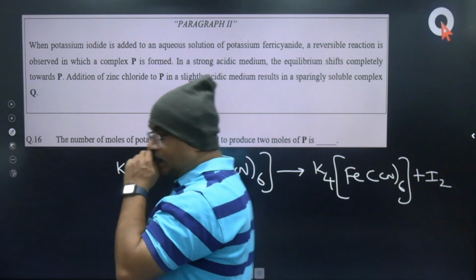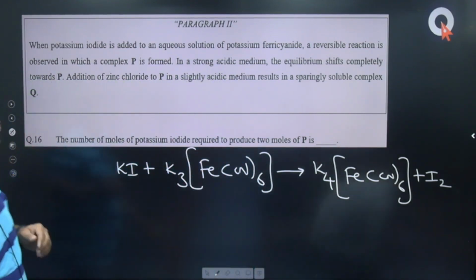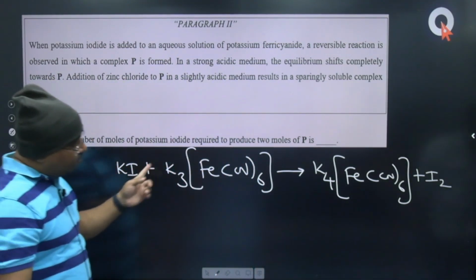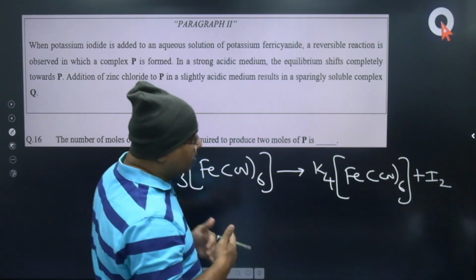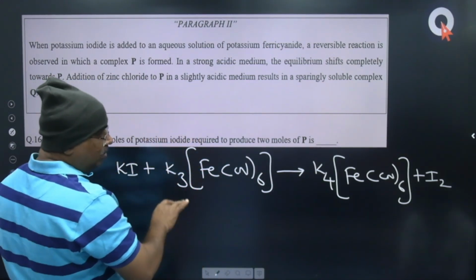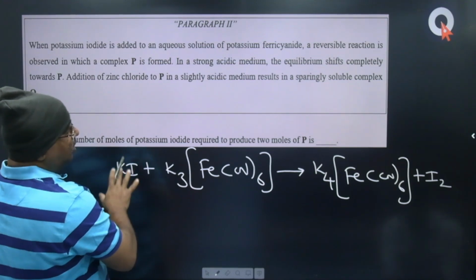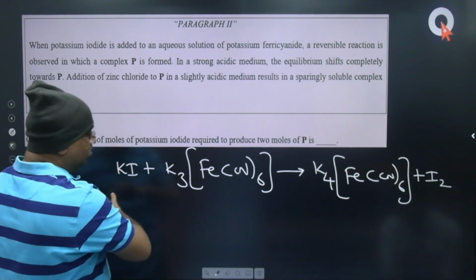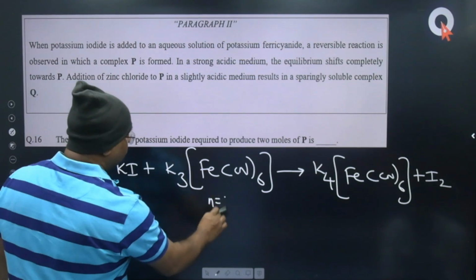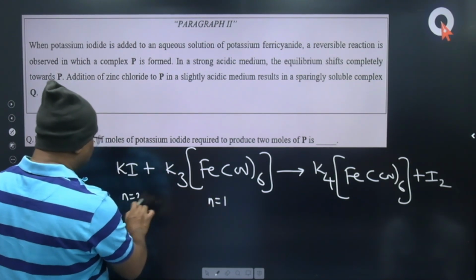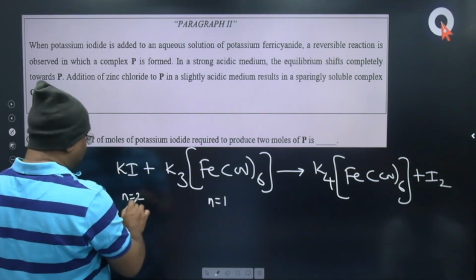But if KI is added in excess, then KI plus I2 reacts and forms KI3. So there are two things in this. If you don't take KI in excess, if you take it in limited amounts itself, balancing this reaction, its N factor was 1, its N factor is 2. Or anyhow, this N factor is also 1.